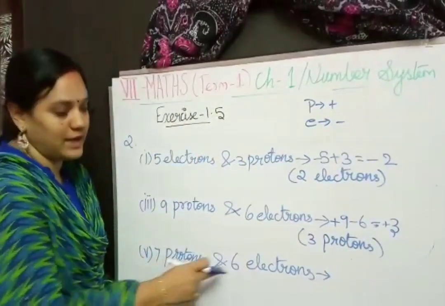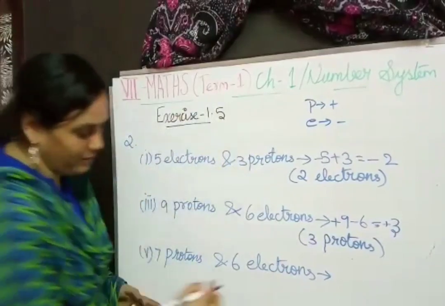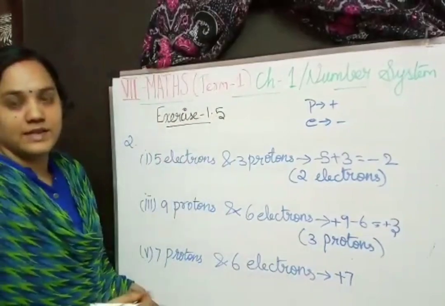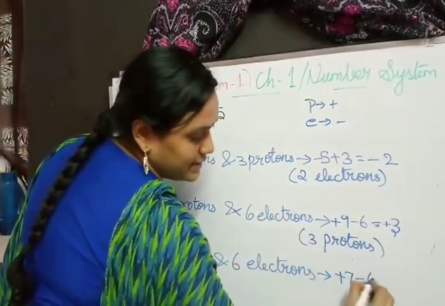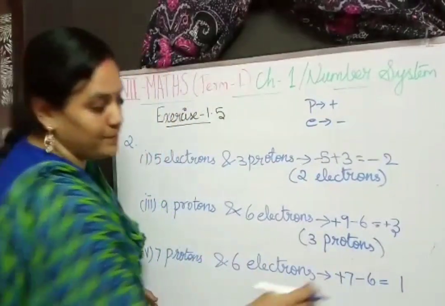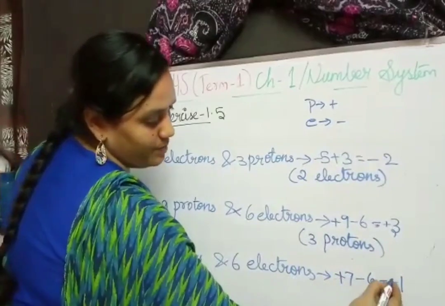7 protons and 6 electrons. 7 protons. Protons means positive. So plus 7. 6 electrons means -6. So different signs. Subtracting, I got 1. So the greatest number's sign is plus. So plus 1.